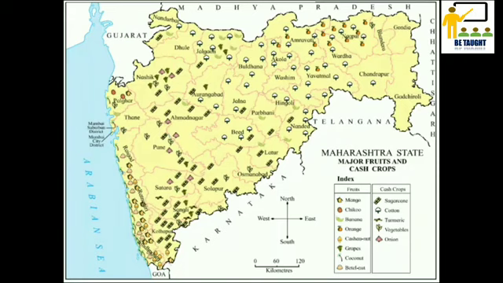Now we shall study this map which tells us about the major fruits and cash crops. Underline the names of districts which grow grapes. Nasik, Jalgaon, Satara, Sangli. Circle the names of cotton growing districts.